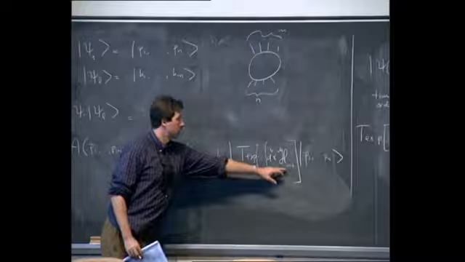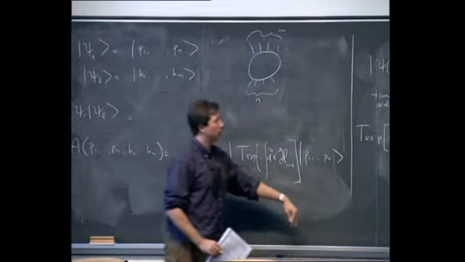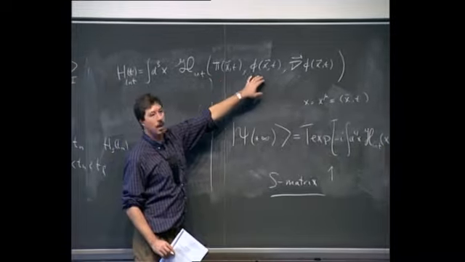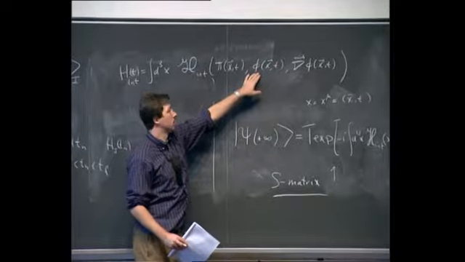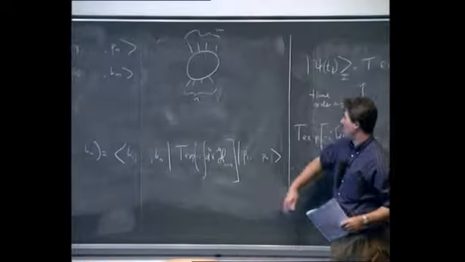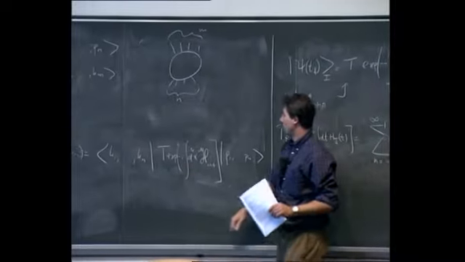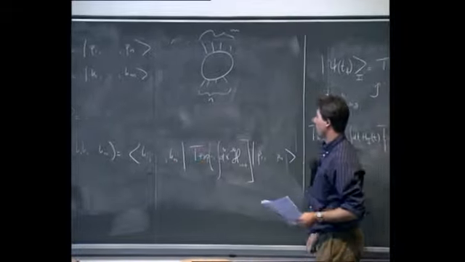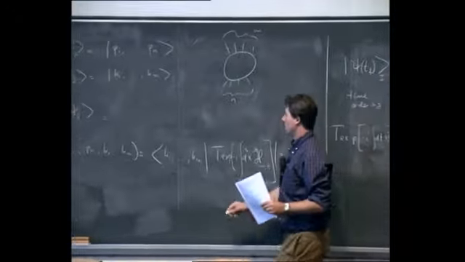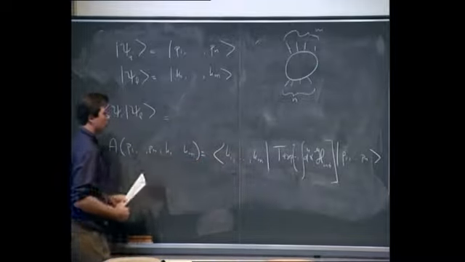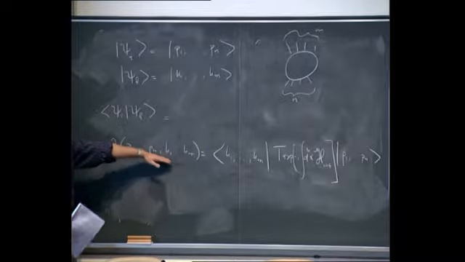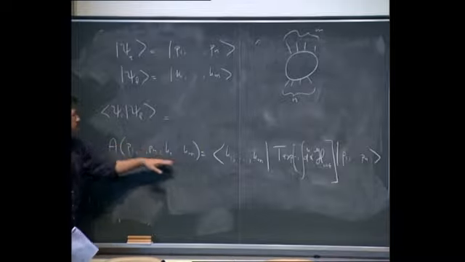So I take this interaction Hamiltonian, which was an expression in terms of all of those fields. In particular, they were not quadratic expressions, but could be higher order in the fields, and I can expand those fields in terms of the creation and annihilation operators. And then I let those operators act on the state on the right, and I just evaluate what's the probability of getting the state on the left, which is the final state. And this amplitude is something that I can use eventually to compute the probabilities for having certain outcomes in experiments. For example, the cross sections are determined in terms of these amplitudes.